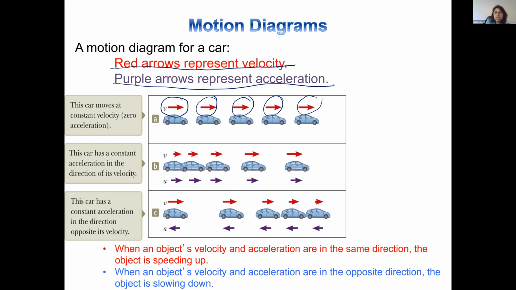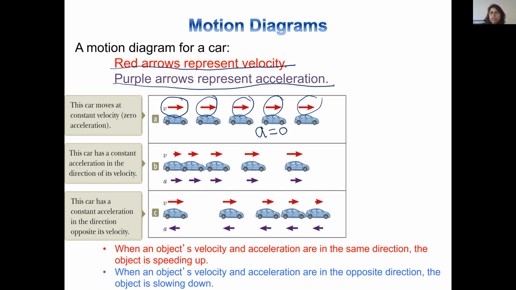That means it is a constant velocity. It's moving with constant velocity, right? When it is moving with constant velocity, that means there is no acceleration. In this case, acceleration is 0. That's why I don't have a purple arrow, right? Like when you use the cruise control in your car, that means you do not accelerate the car.